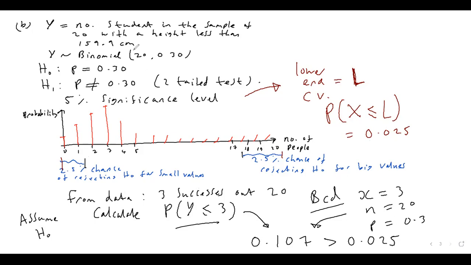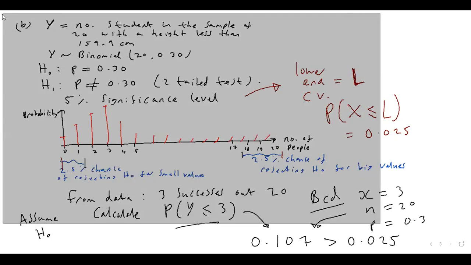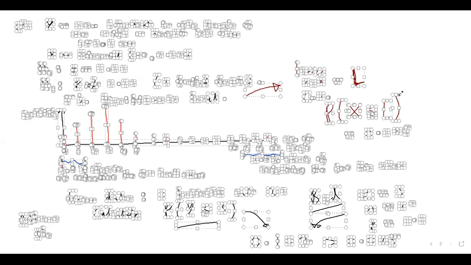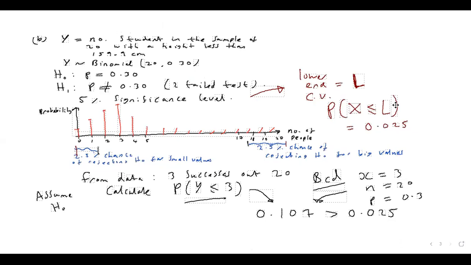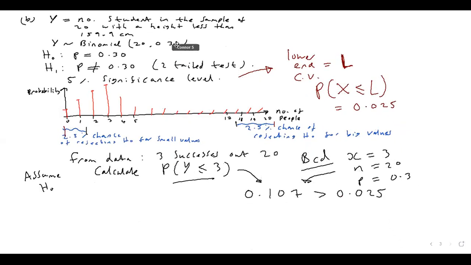So what is that telling us? It's telling us that the probability that we get 3 or fewer successes is bigger than the lower end significance level. So it's quite a big probability. Because it's quite a big probability, we should not reject this initial probability of success.